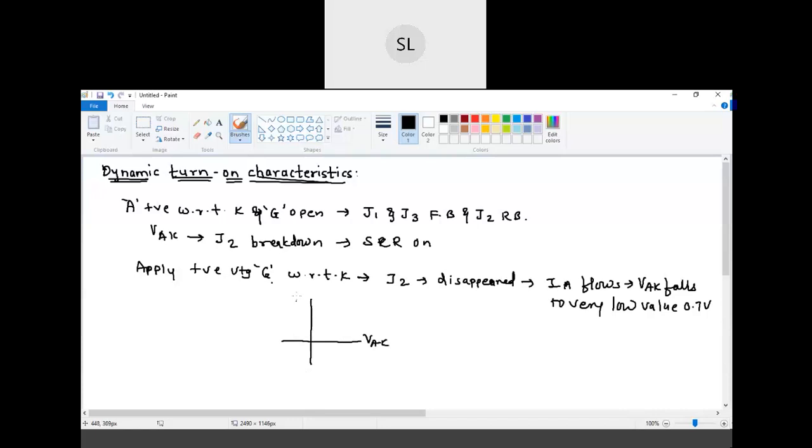Initially, as you go on increasing the voltage across anode and cathode, a small amount of anode current flows through the device. Once the SCR has been turned on, the voltage across it falls to a very low value, whereas as you go on increasing the voltage across anode and cathode, the anode current starts increasing at a higher rate. So this is what we have studied. Now we'll have a look at the dynamic turn on characteristics.